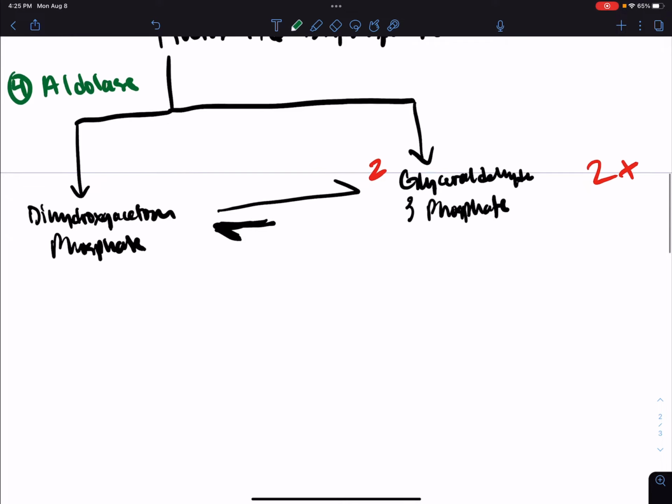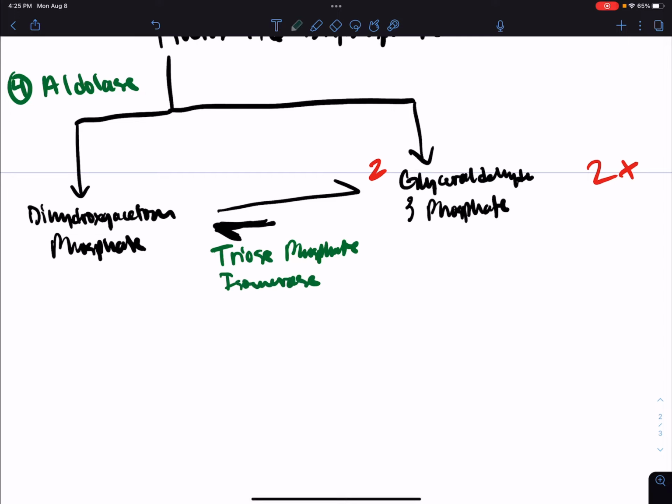So back to the conversion of dihydroxyacetone phosphate to glyceraldehyde 3-phosphate. That is done by an isomerase because these 2 molecules are isomers. And that enzyme is called triose phosphate isomerase.